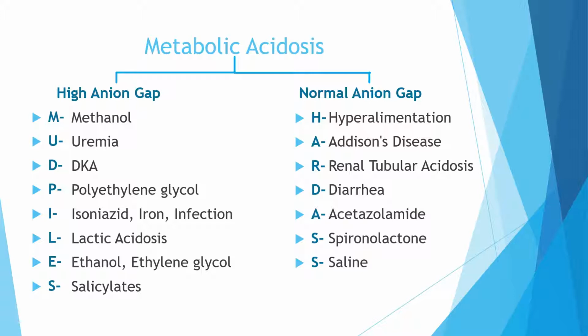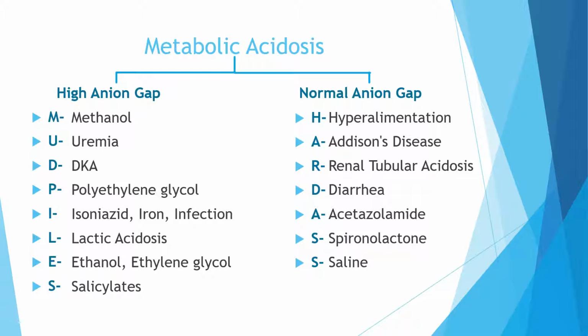And step 5 is to determine the cause. So for metabolic acidosis, we split it into anion gap and non-anion gap. For anion gap, we traditionally learned MUDPILES: methanol, uremia, DKA, propylene glycol, isoniazid, lactic acidosis, ethanol, and salicylates.